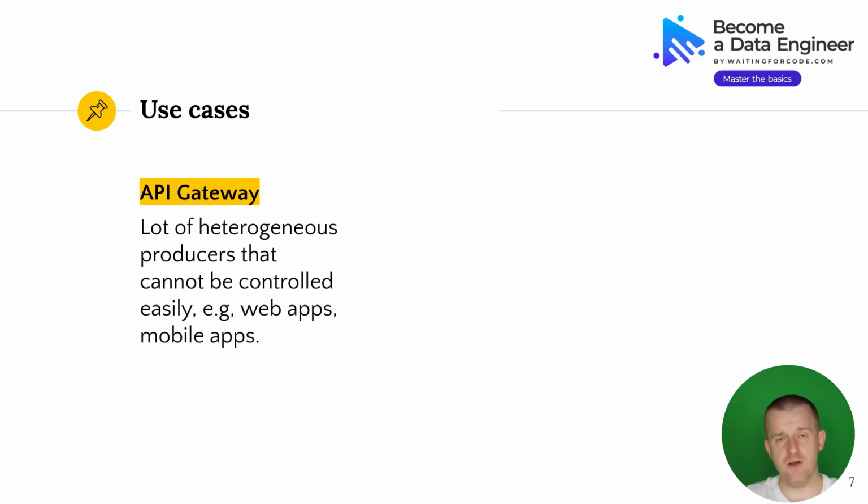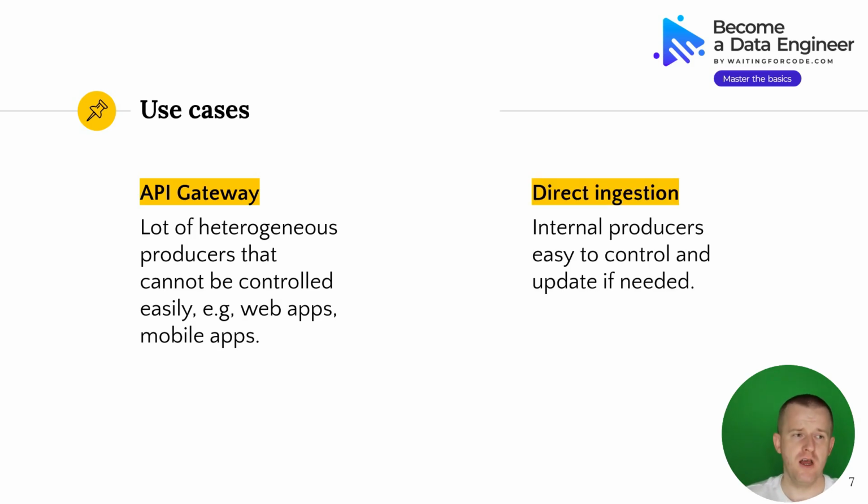But on the other hand, if you are in a much more internal context, for example, inside your company, you have a team that produces some data and you want this team to deliver this data to you, it's completely fine to do it with direct ingestion without exposing this API, because if the exchange happens internally in your network, you may just set up some login and password or another simple form of authentication.